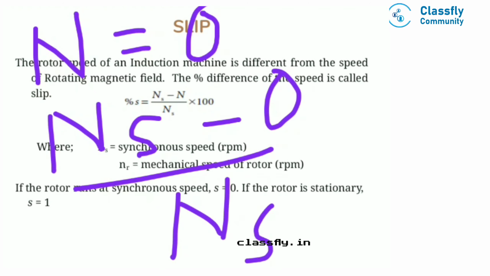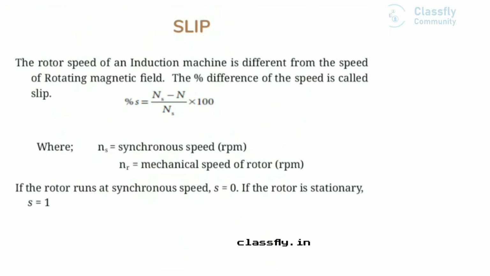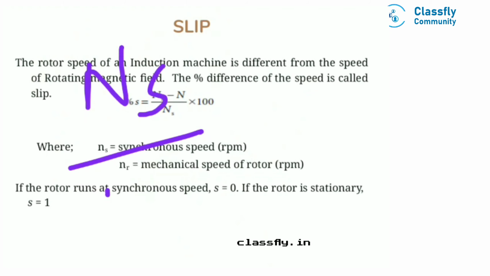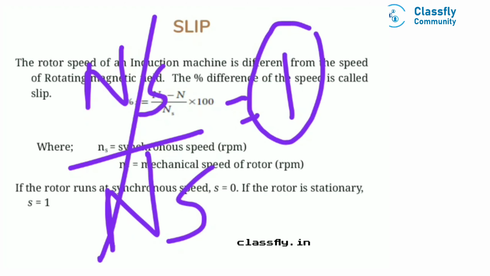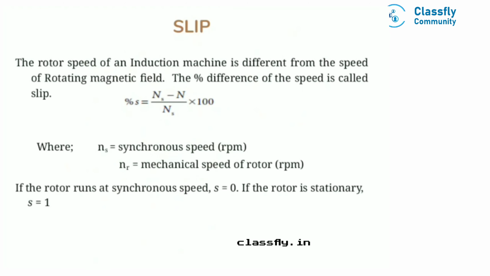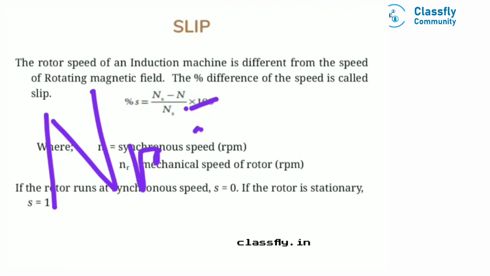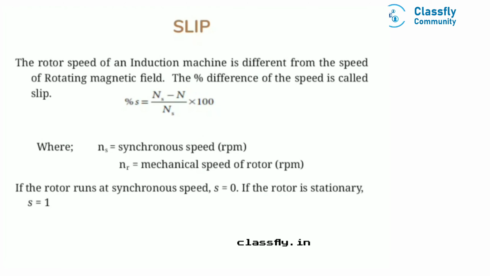When we solve this part, we get ns by ns, which is equal to 1. That means whenever nr is equal to 0, at that point we get slip s equal to 1, and that will be the maximum slip.